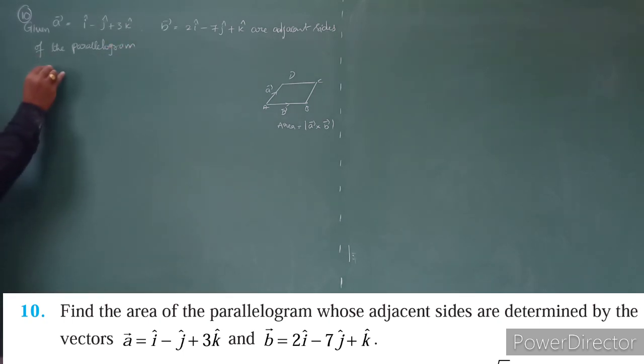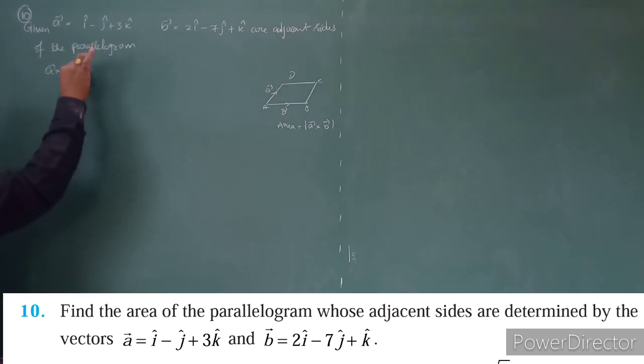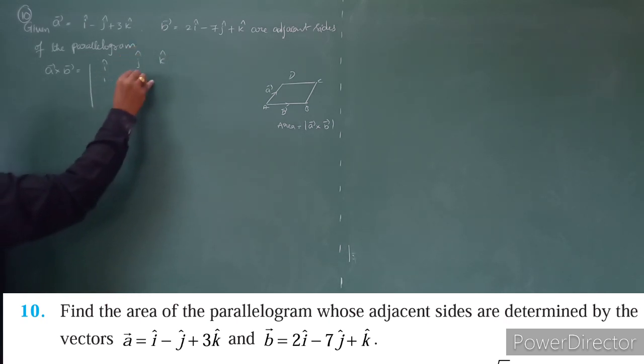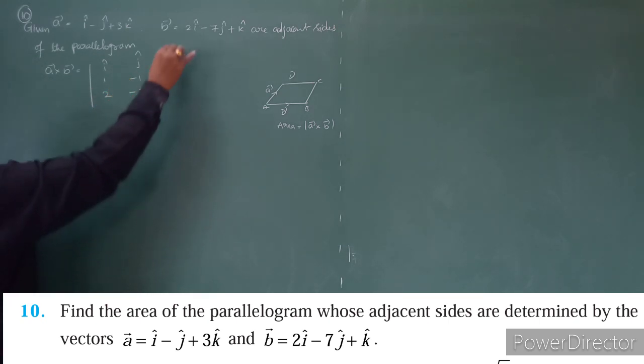First calculate a bar cross b bar. You can take that i, j and k. So that is nothing but the determinant with rows 1, minus 1, 3 and 2, minus 7, 1.